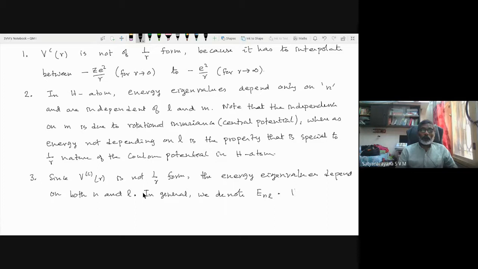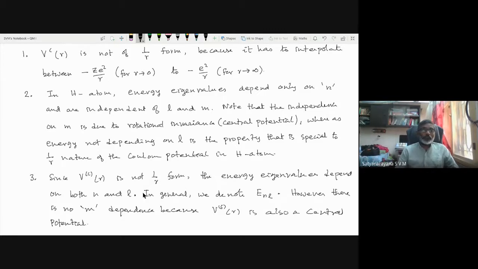However, there is no M dependence, because Vc of R is also a central potential.